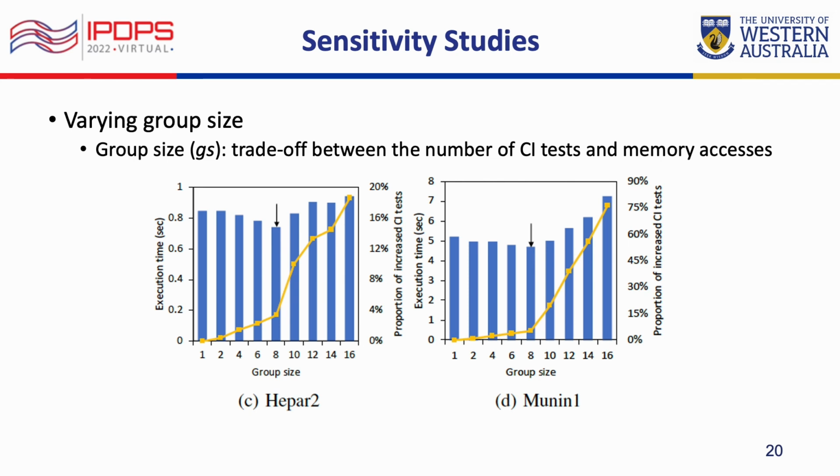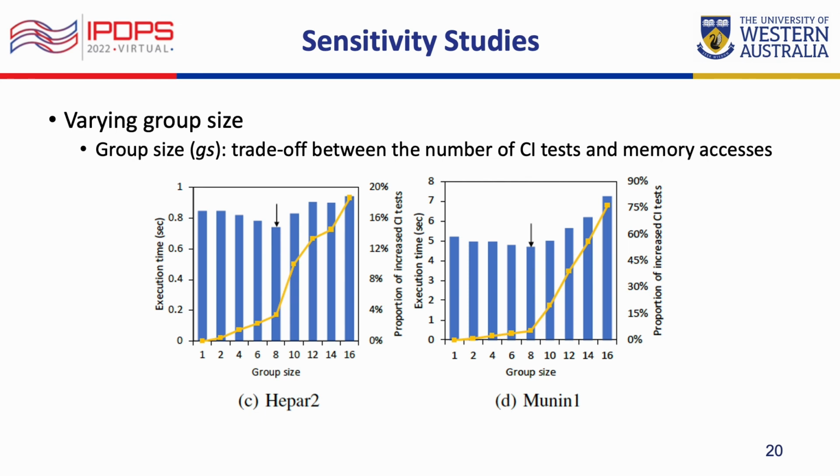We also examined the effect of group size on the number of CI tests and execution time. Group size is used in the CI level parallelism. It is a trade-off between the number of CI tests and memory accesses. When group size becomes larger, more redundant CI tests are introduced, while more memory accesses can be reused.